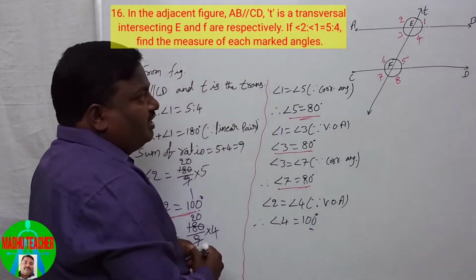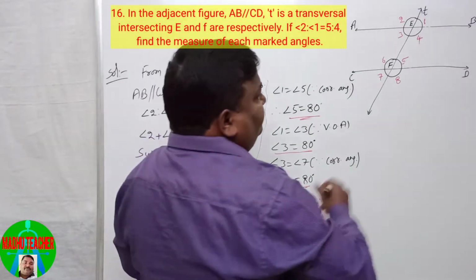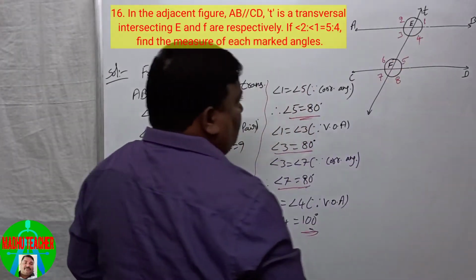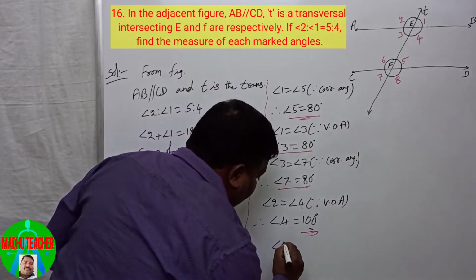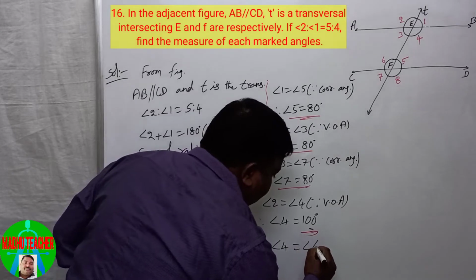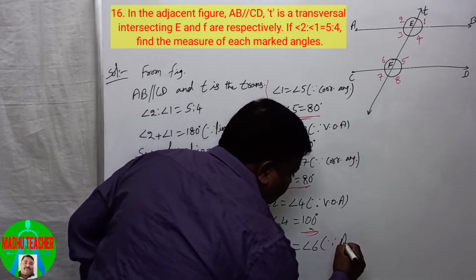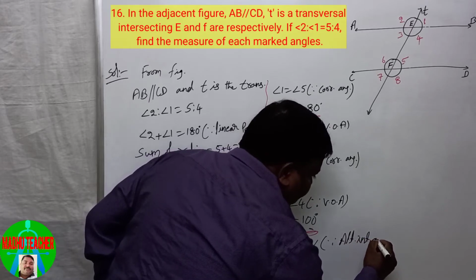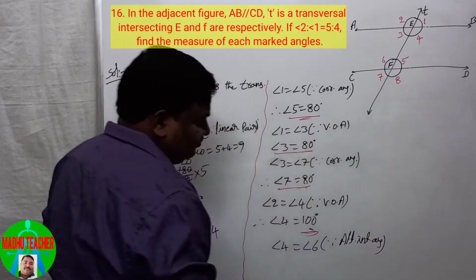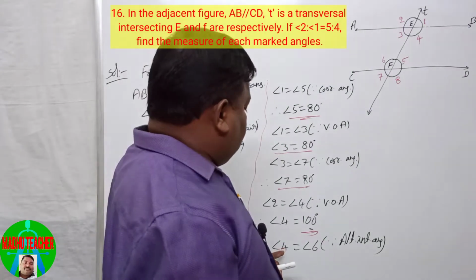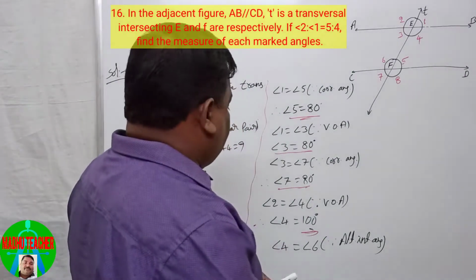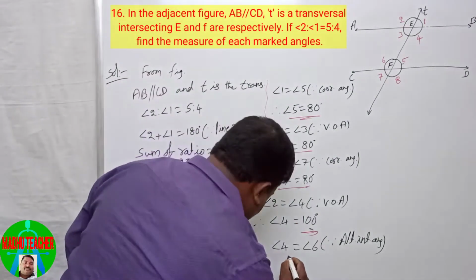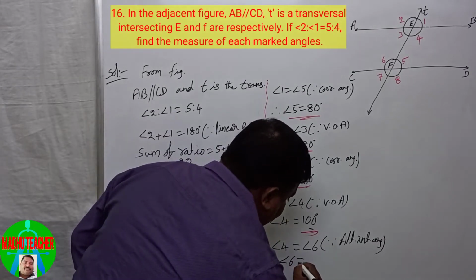Next, angle 4 and angle 6 are alternate interior angles. Therefore, angle 4 equal to angle 6, since alternate interior angles. Angle 4 equal to 100 degrees, therefore angle 6 is also 100 degrees.